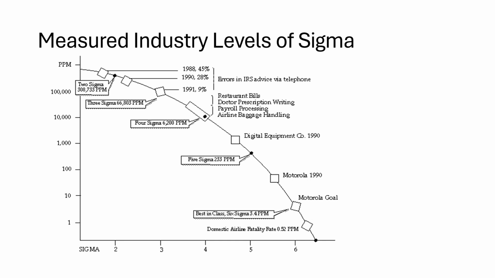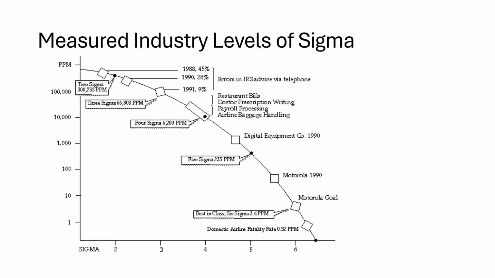Then let's look at the examples associated with each one. The first one is the errors in IRS advice via telephone. In 1988, the errors were at 45%, 1990, 28%, and 1991, 9%. Can you see how things are getting better in the percentage of errors as you move up in 6 sigma levels?